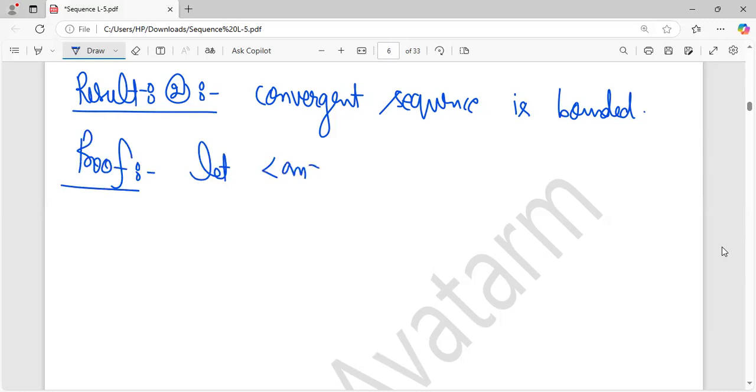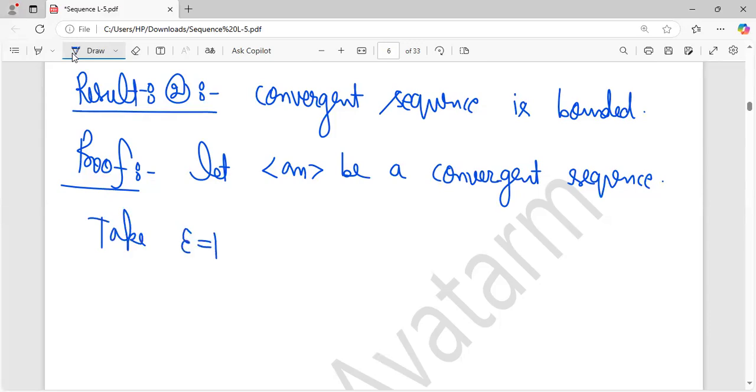Let (an) be a convergent sequence. Take epsilon equal to 1.